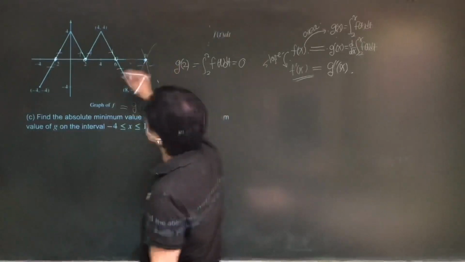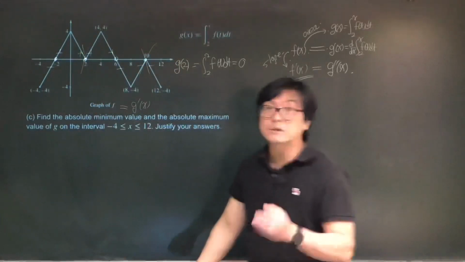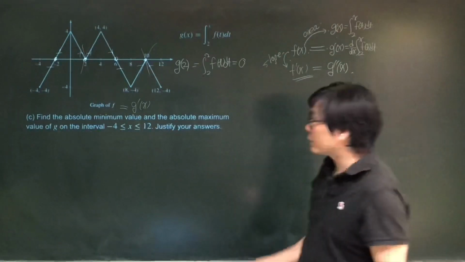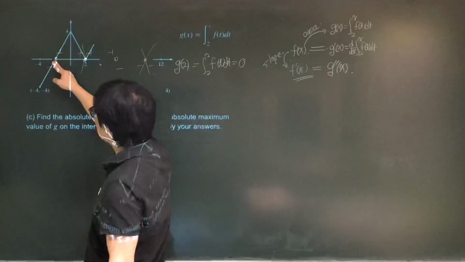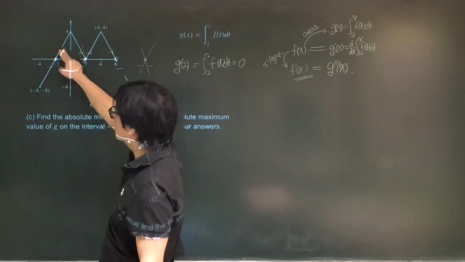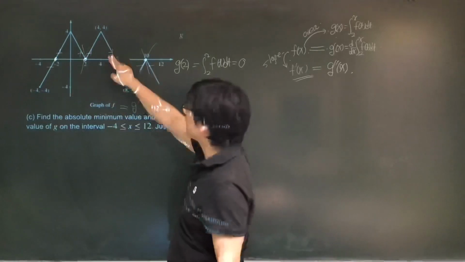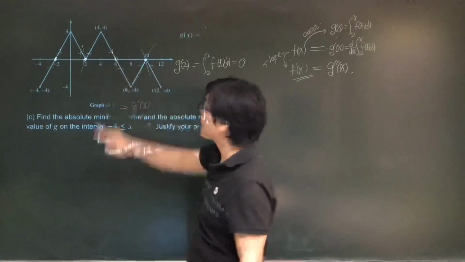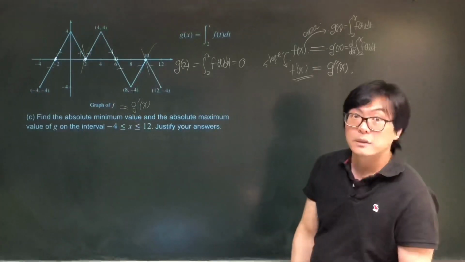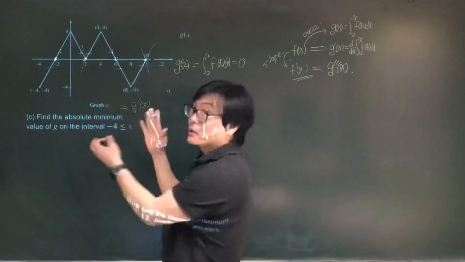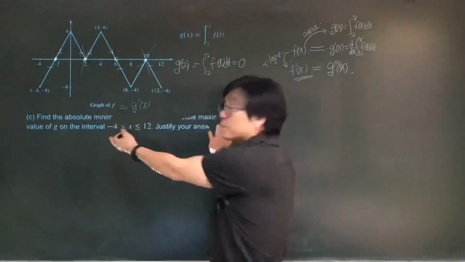This one is neither a local maximum nor a local minimum, so we don't need to worry about it. This point is negative then positive, so G of x goes down and up, so it's a local minimum. Positive then negative, up and down, is a local maximum. But here, we don't need to distinguish whether it is a local maximum or local minimum, so we will find both.